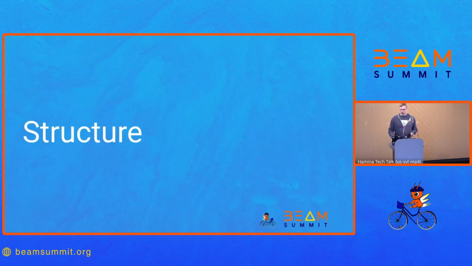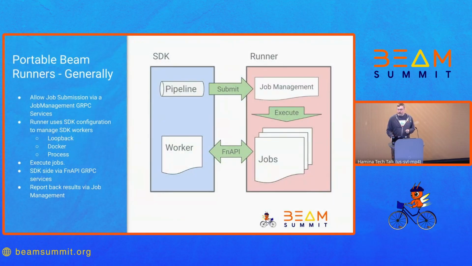So bear with me for a moment, because as this is a deep dive, it will go into a little bit of how the code is organized, and that's what this section is. But so you can understand that, this is kind of the Beam portability model in a nutshell.